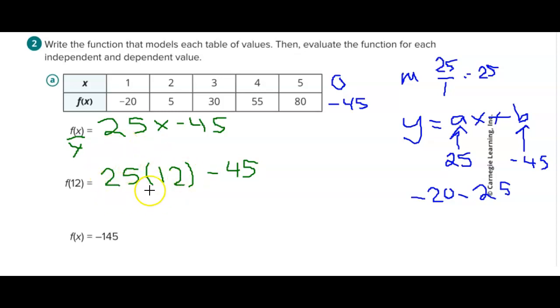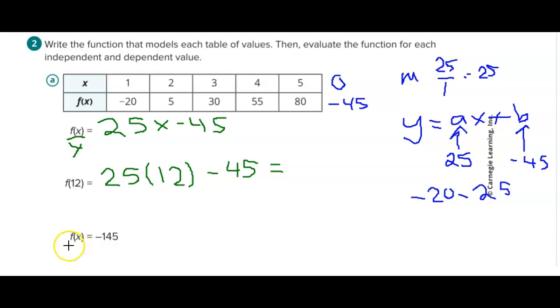You'll simplify this, and then you'll subtract 45. So I'll leave you to do that math: 25 times 12 minus 45, and you'll have your result. Be sure to show your work so that later when you're looking at this to study for a test, you know where you got this answer. If you just put the answer, that will probably not mean much to you later.